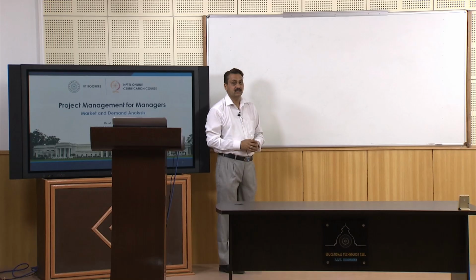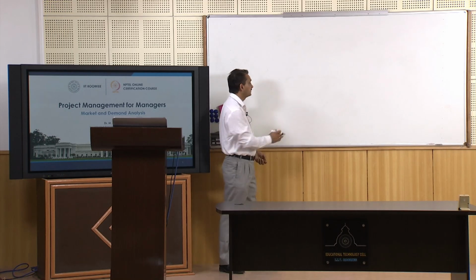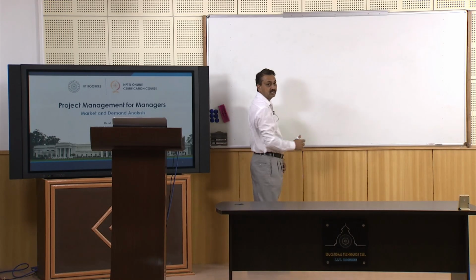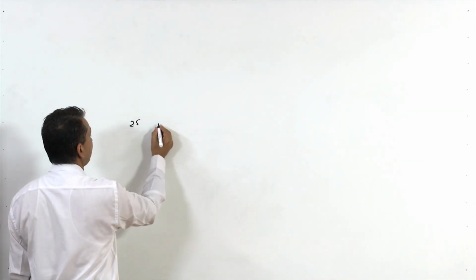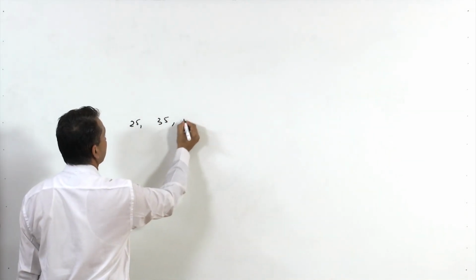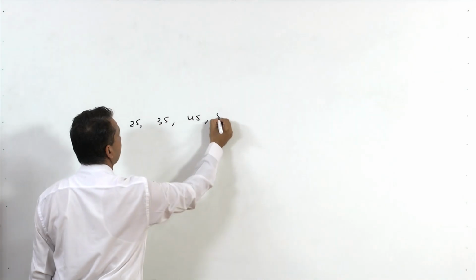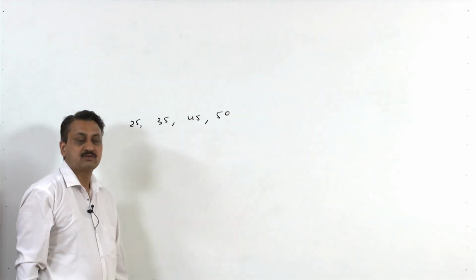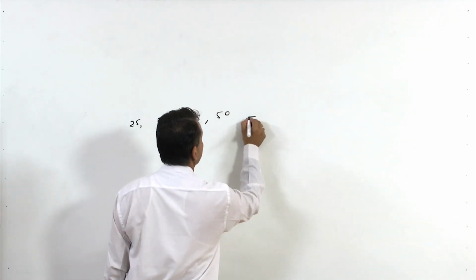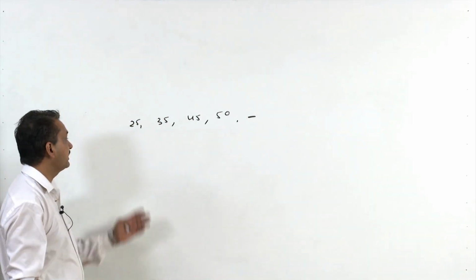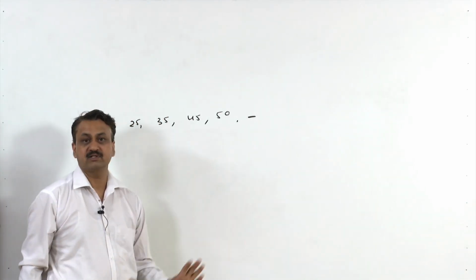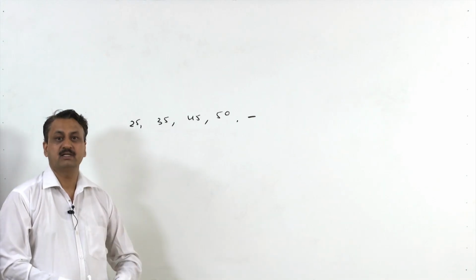For example, let us say you have past sales data of a company, let us say 25, 35, 45 and 50. If I want to know the forecast for the next period, I can take the average of all these values. That would be the average method.